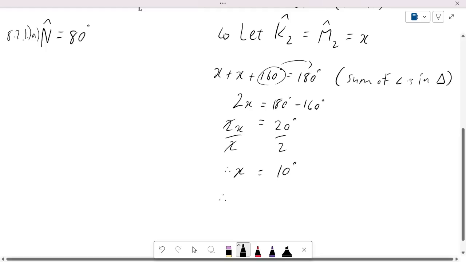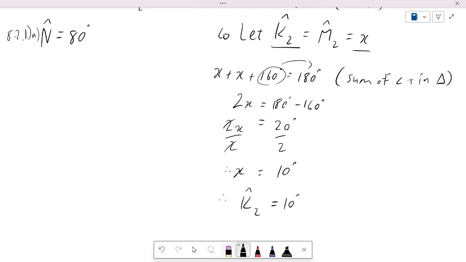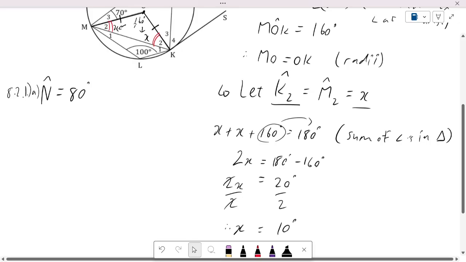So because we know that K2 is equal to x, we're going to say angle K2 is equal to 10 degrees. Also, I forgot to add a reason, by the way. The reason why I said the x's are the same, I forgot to add it here.